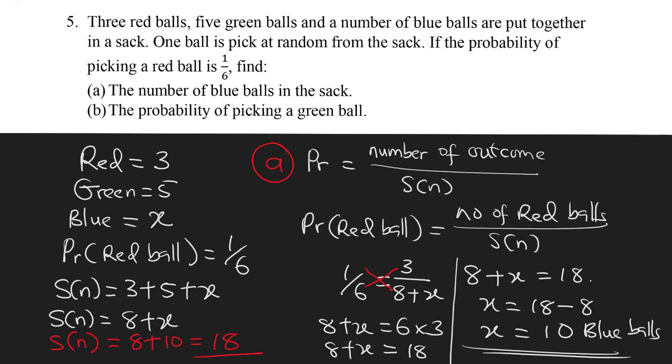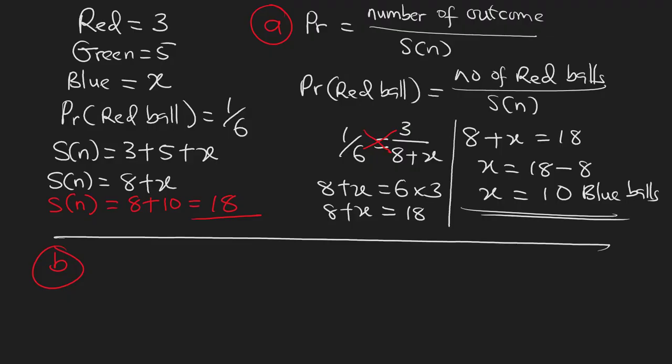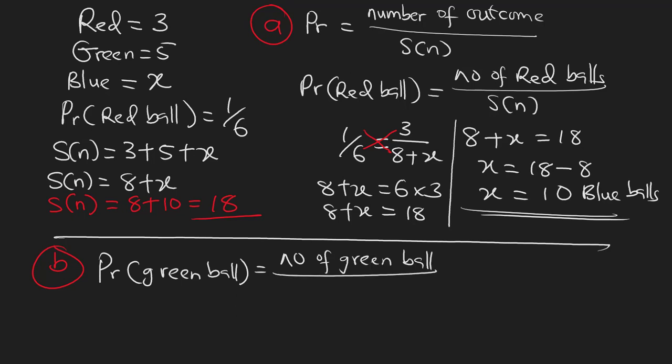So let's find the probability of picking a green ball. So the probability of green ball will be equal to number of green balls over sum of number space. So this one will be equal to, what's the number of green balls?